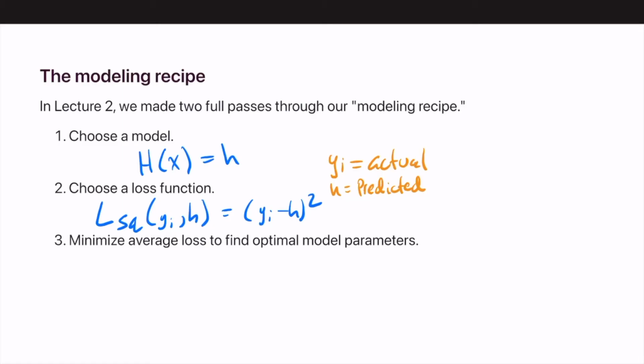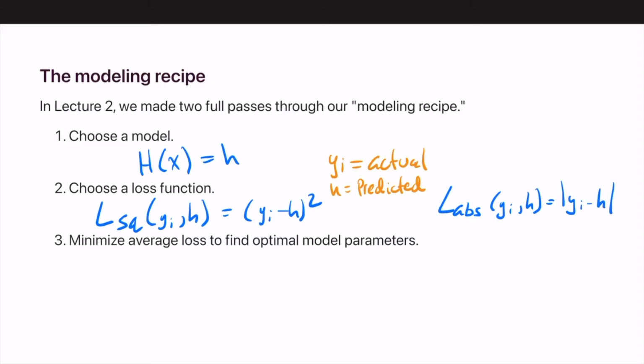And this would be the squared loss. And then we also looked at the absolute loss, and that was just the absolute value of y_i minus h.